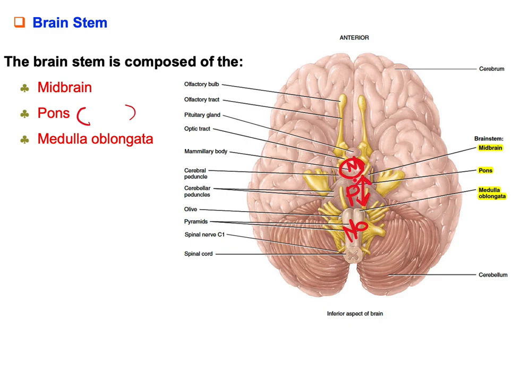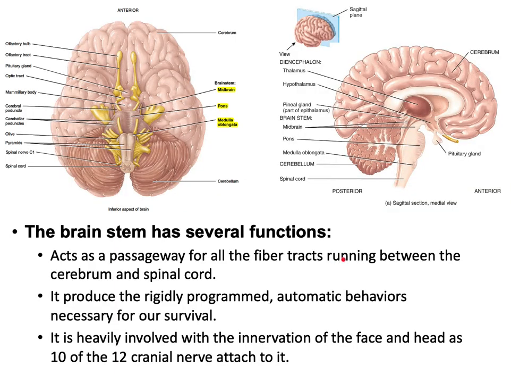Now, when you look at the brain stem, most axons from the brain and cerebellum, the pathways and nerve fibers, pass through the brain stem to the spinal cord, right?